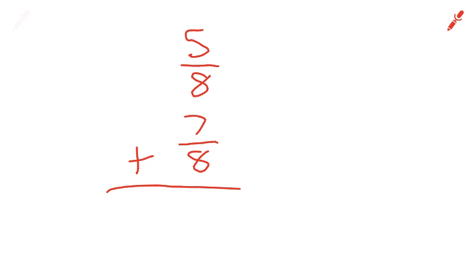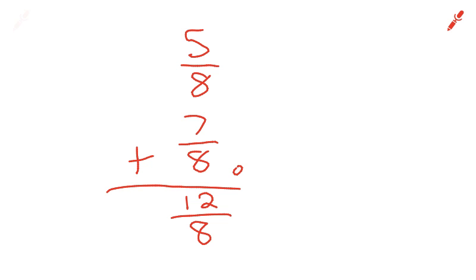The next one, B. We have 5/8 plus 7/8. When we add these, we get 12/8. That is an improper fraction, because the bigger number is on the top.